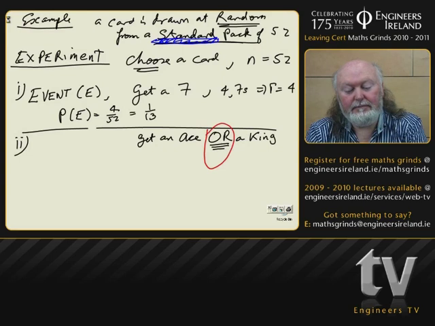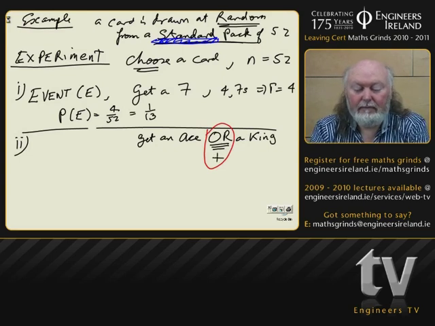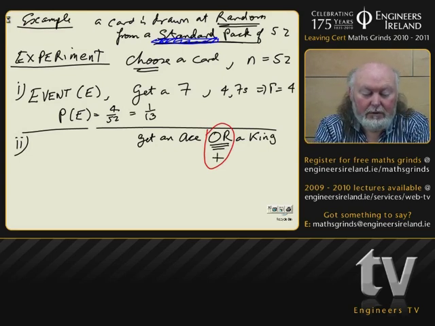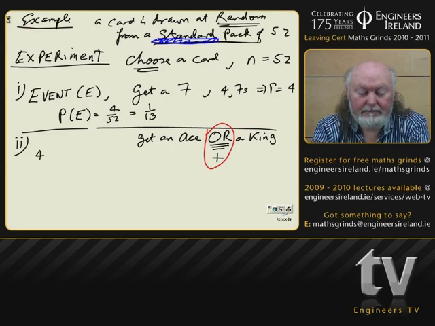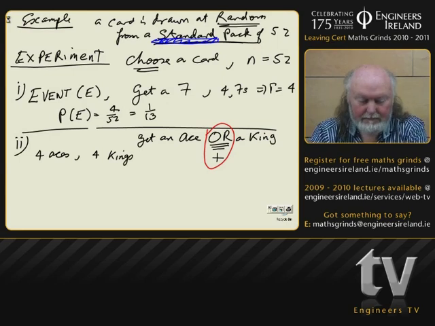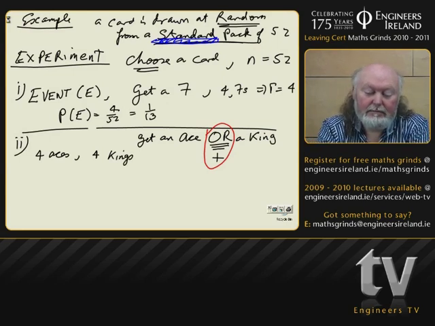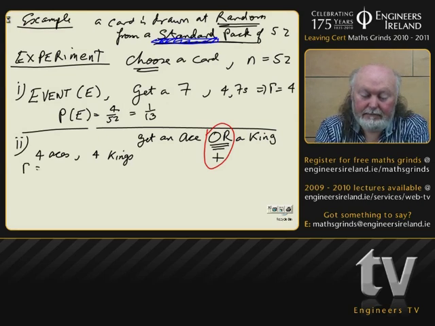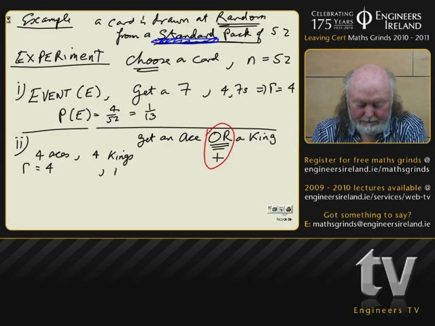That's a plus scenario. 4 aces, 4 kings. So R is equal to 4.